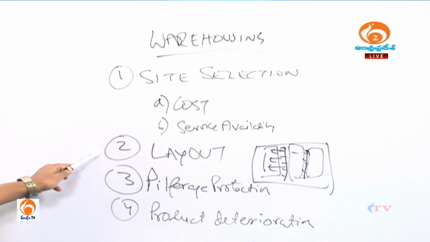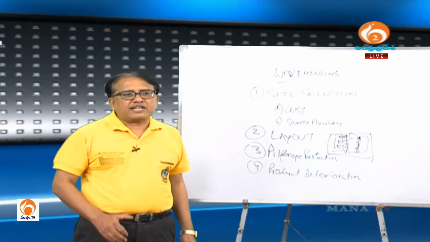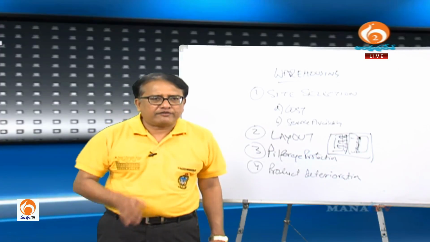The layout, the internal architecture, the internal design of the warehouse. The kind of process or system made available in the warehouse to ensure that the products are safe from any kind of pilferage and theft.